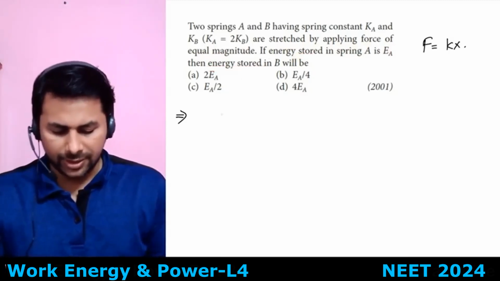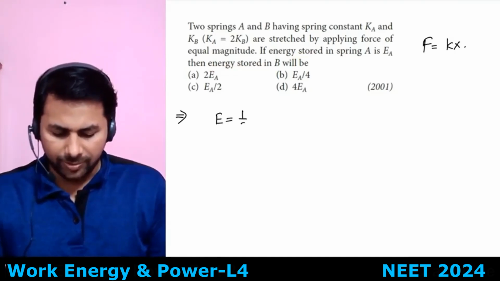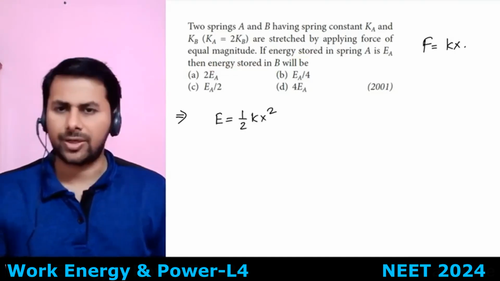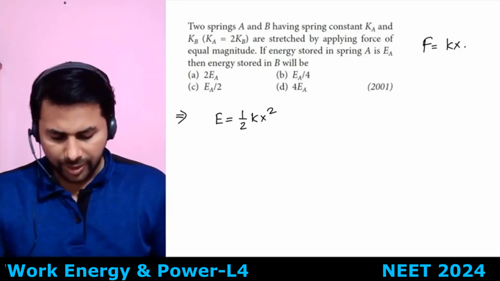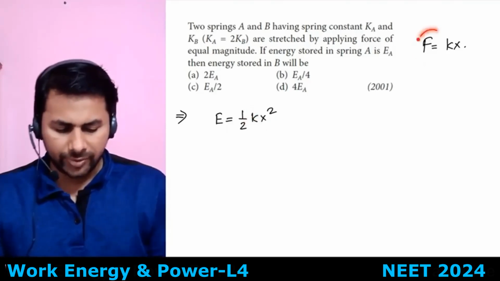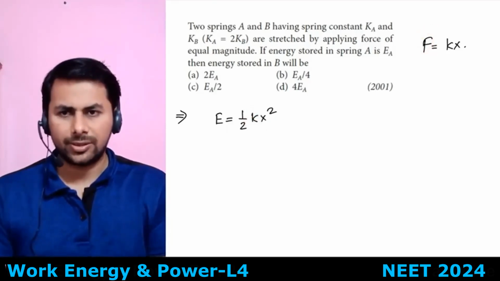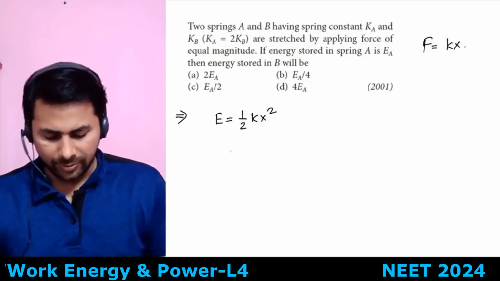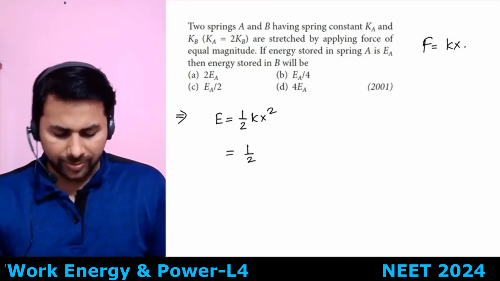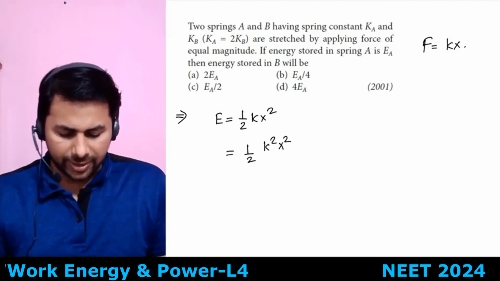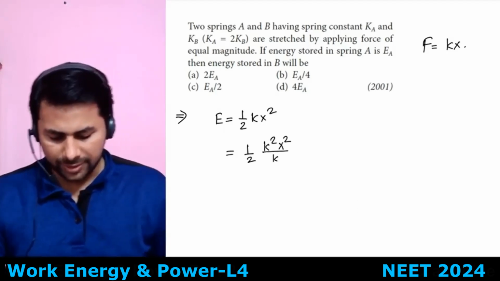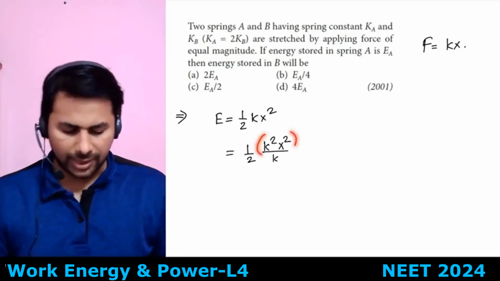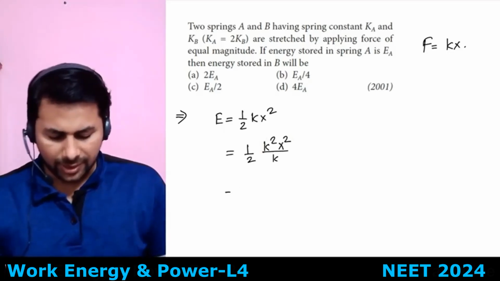And what do we want to compare? Energies. What is energy? It is half of kx square. So we have k, we have x. We don't have F in this formula, which is right. So it will be half of k square x square upon k. I'm multiplying and dividing by k.